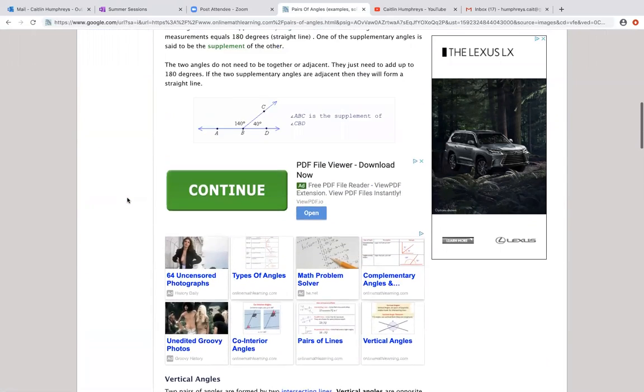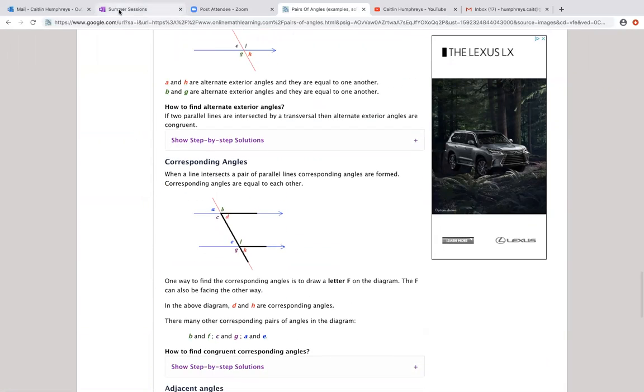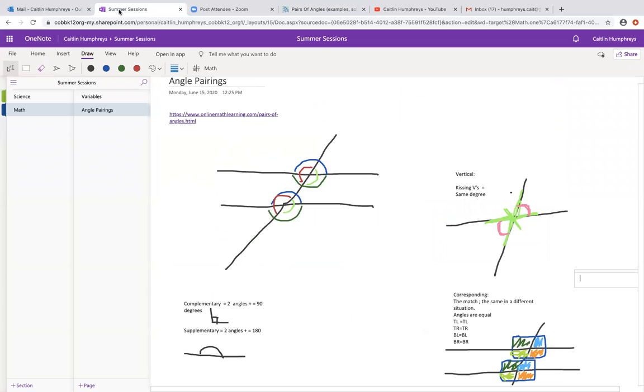Sorry guys, I'm just scrolling here. Okay, vertical. Let me check your standard, because that's what we go by, to make sure we have which definitions they want you to have. Hang tight.